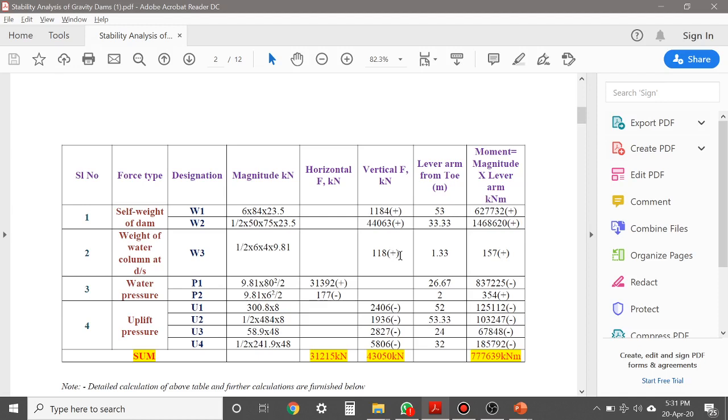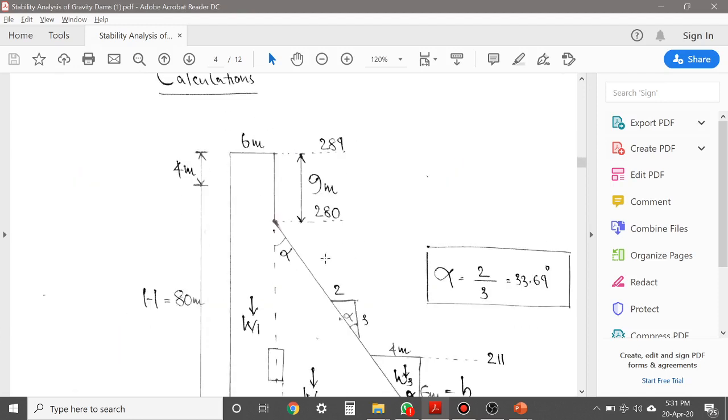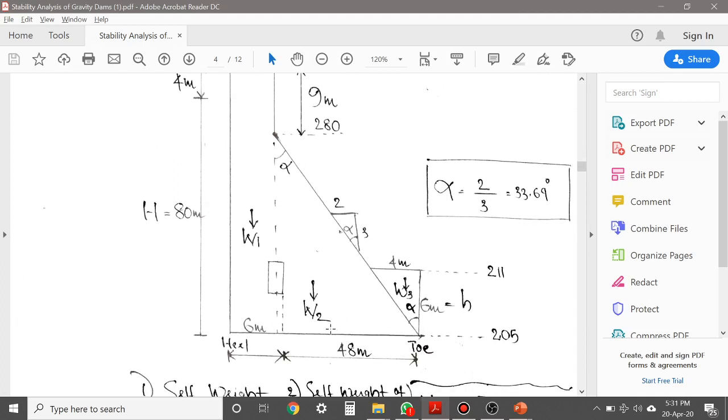The lever arm distances of W1, W2 and W3 are given as 53, 33.33 and 1.33. This 33.33 and 1.33, again going back to our figure, while calculating the lever arm distance of W2 and W3, you know that it's a triangle. W2 is a triangle.